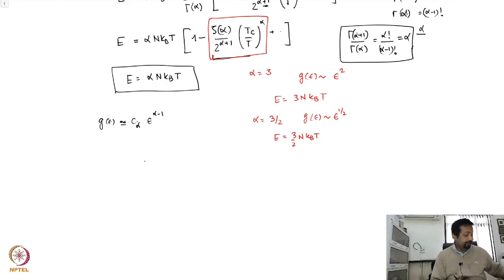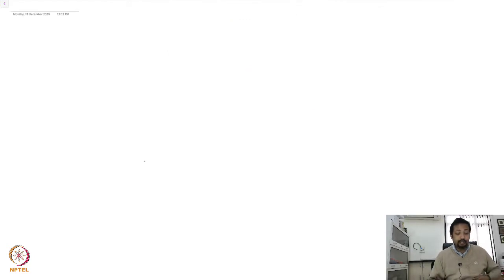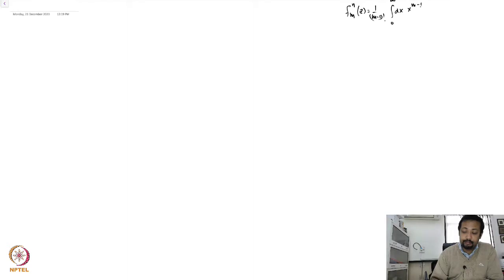The idea is that if you have forgotten, you can express it in terms of the functions f_m(z), which was 1 by (m minus 1) factorial, integral 0 to infinity dx x to the power m minus 1 over z inverse e to the power x minus 1. We had expressed our particle number as well as the energy of the system in terms of these integrals, and we got the result in the previous lecture.